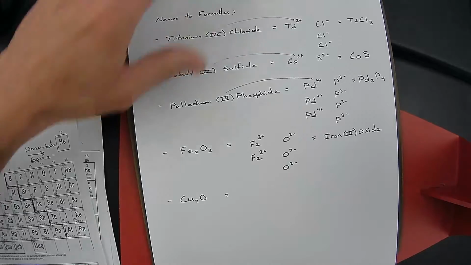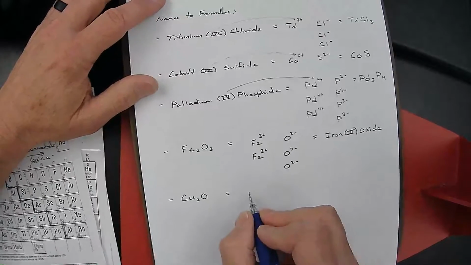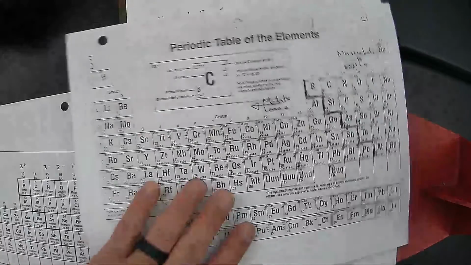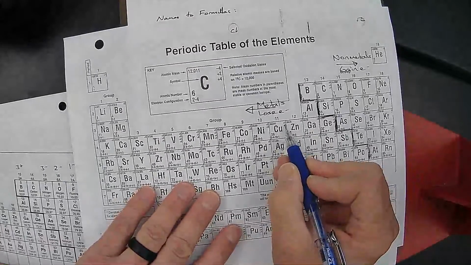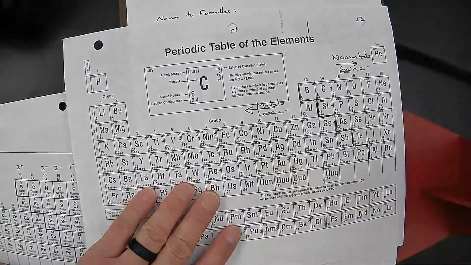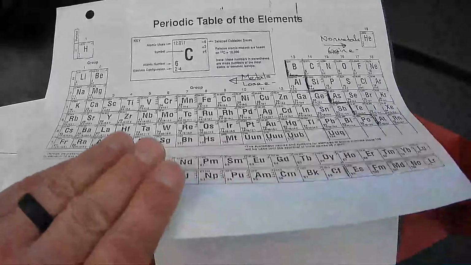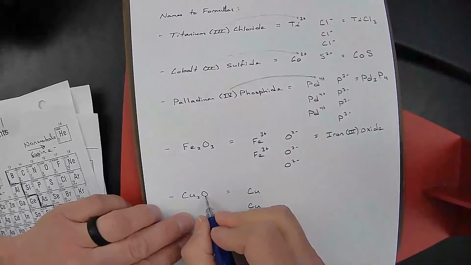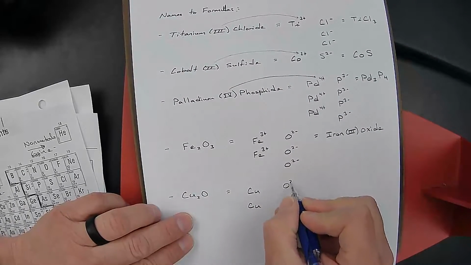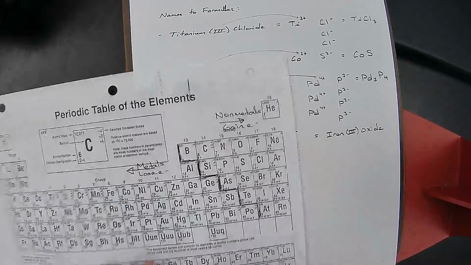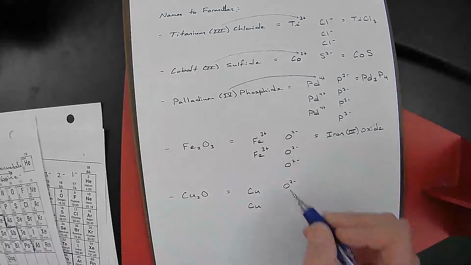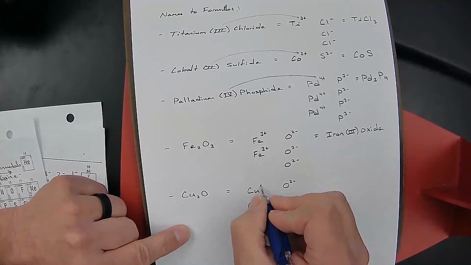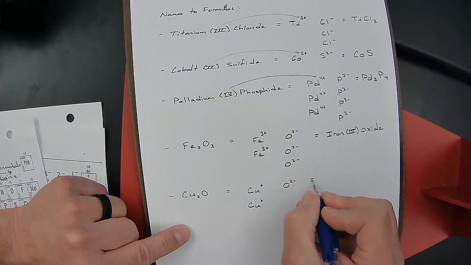Well, there are 2 Cu's, so I would put Cu and Cu. And when I go to the periodic table to look up the charge of Cu, it can be a 1+ or a 2+. So we don't know at this point what it's going to be. But when I look up O, there is only one here, and it is a 2-. It's in column 6A, so it's a 2-. Well, this has to balance the 2-, so that would be a 1+ and a 1+.